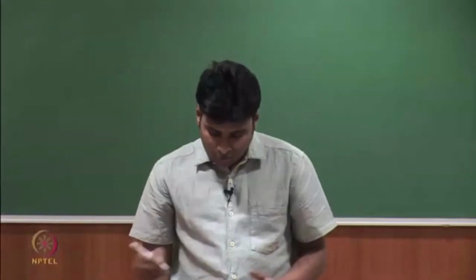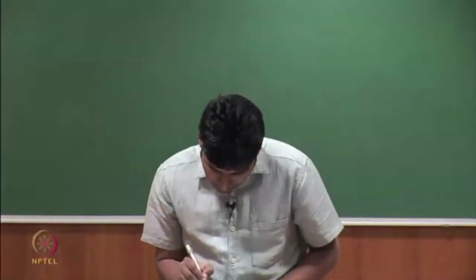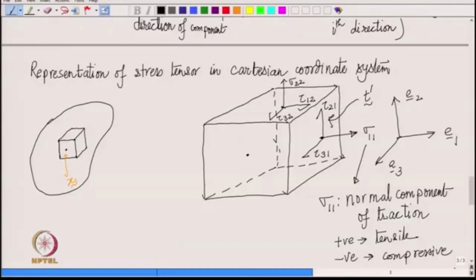On the E3 plane, the three components are going to look as follows. We have one along the normal, which is the normal component, sigma 3 3, then along the one direction, that is tau 1 3.